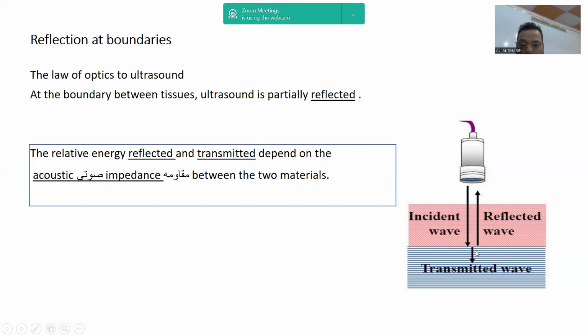Some of the waves will be transmitted. That depends on what? On the acoustic resistance between the materials, because of the boundary between tissues. Let me say that again because it's important. The ratio of transmitted and reflected waves depends on the acoustic resistance between the two materials at the boundary between these tissues.